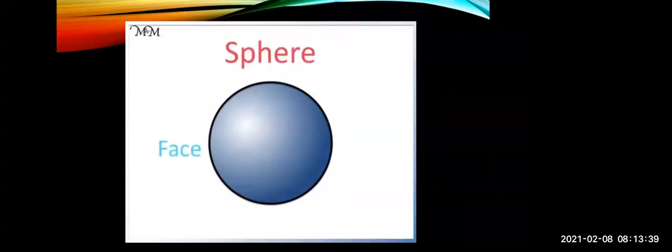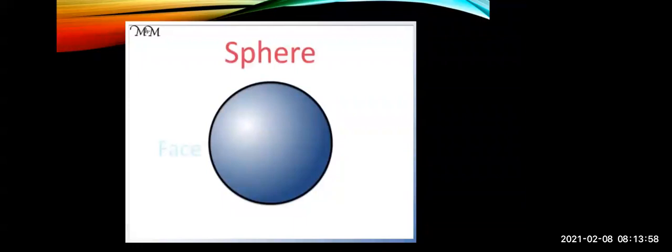See, this is the sphere, the face, then no corners, zero corners, and zero edges. There are no edges over here. You can see again the sphere, the face.